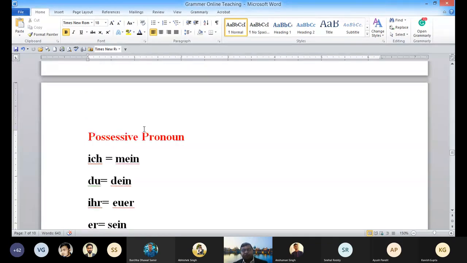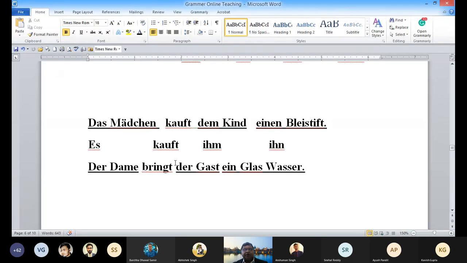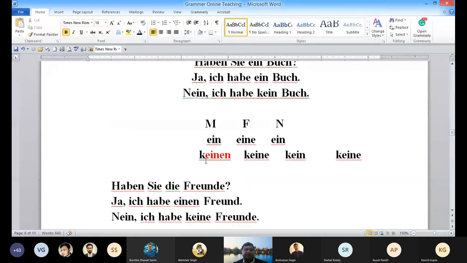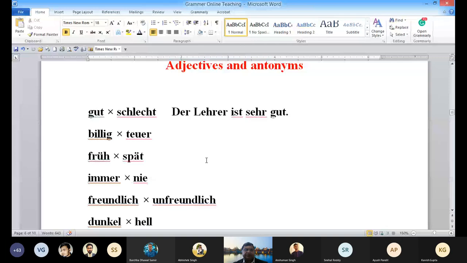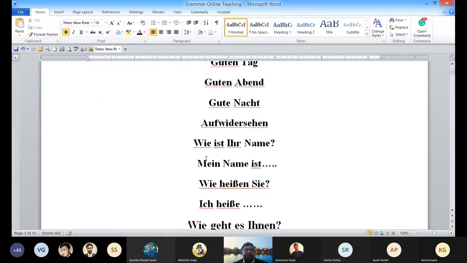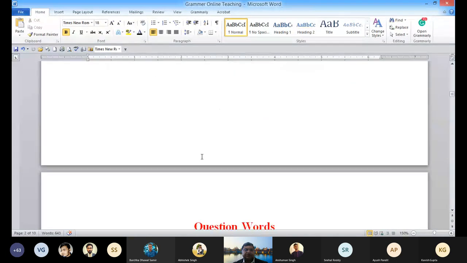So how will this be used? It will be used just like, you know, article forms, as you have already learned article forms earlier, der, die, das, etc. Where is that article form? Yeah, these are the adjectives.